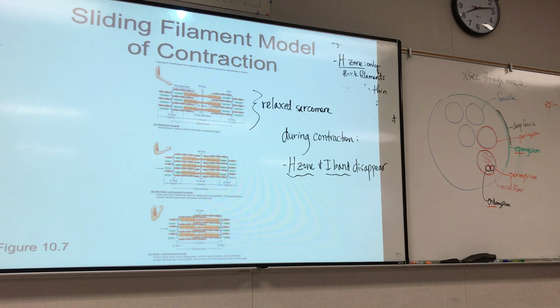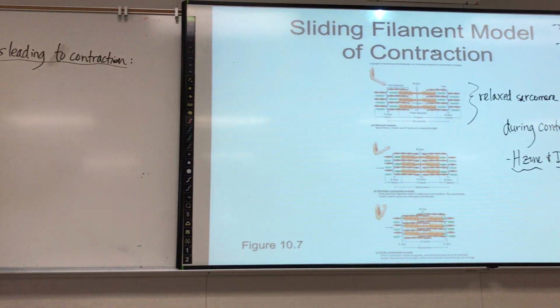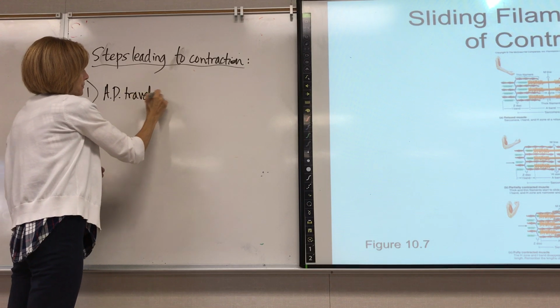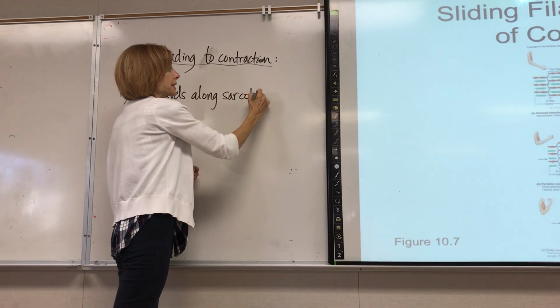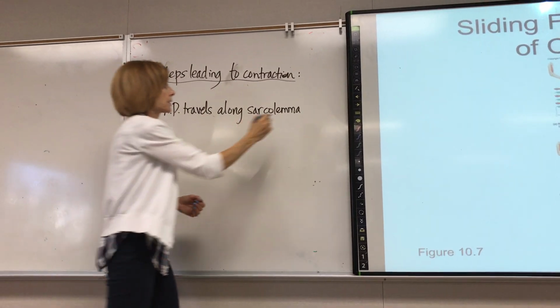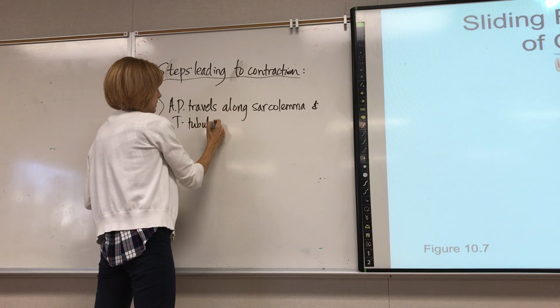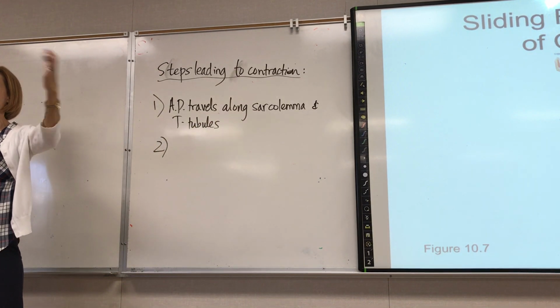Okay. So we said that the action potential, and I'm just going to abbreviate action potential, travels along the sarcolemma. And what are the tubules called that carry the action potential down inside the muscle cell? The T-tubules. Okay, so when the action potential travels down the T-tubules, what happens next?